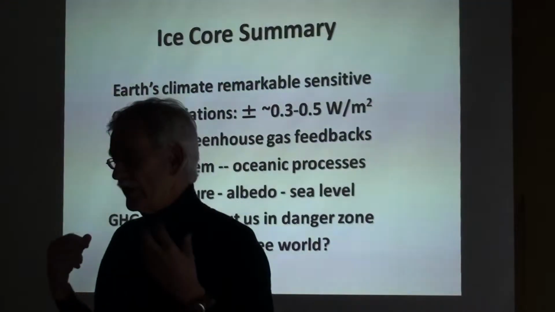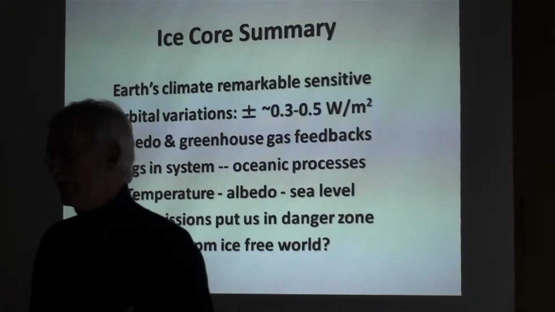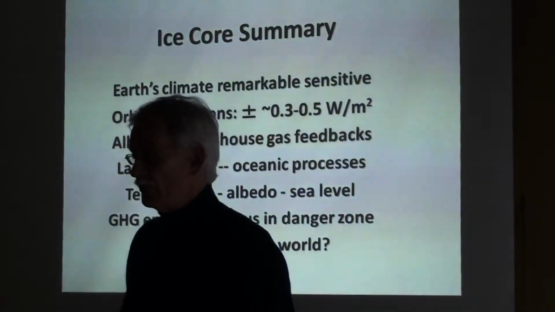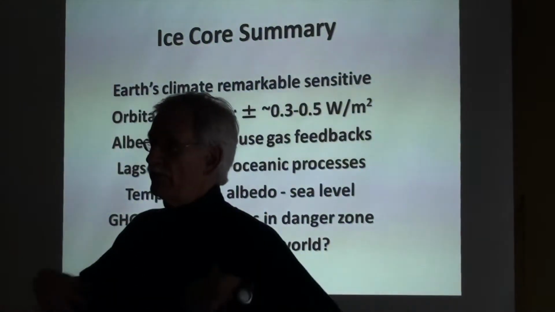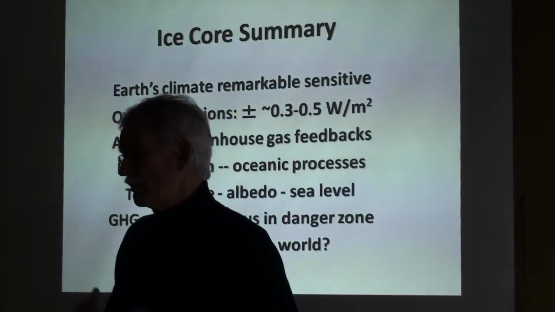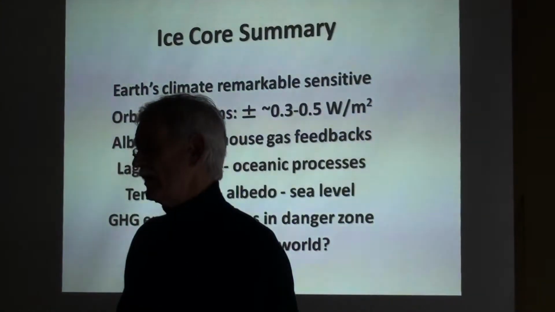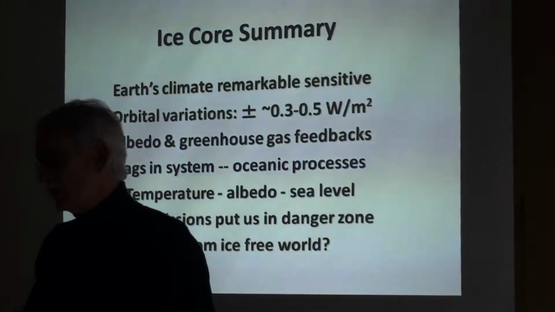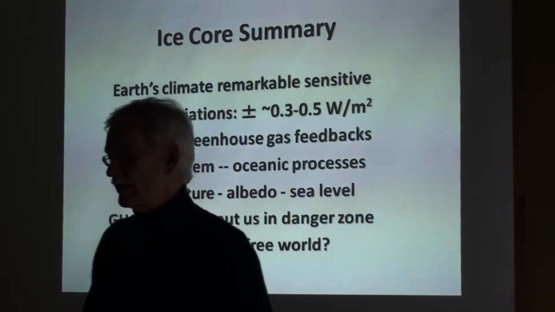And these result in a very small forcing on our climate system of 0.3 to 0.5 watts per square meter. There are then set in motion feedbacks from the carbon cycle and the greenhouse gases, as well as albedo, which then push us into and bring us out of these glacial, interglacial cycles.